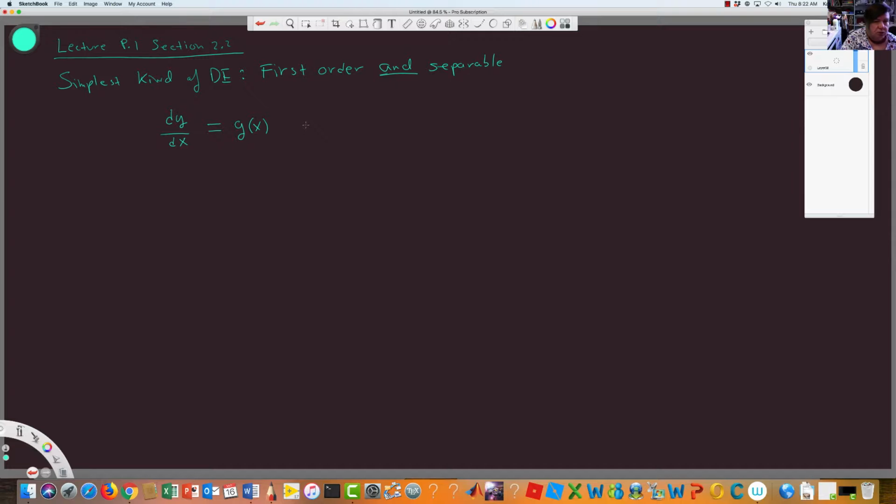We're going to assume that g is continuous. Now, there are differential equations in which g can be not continuous, and you would have to solve it in a piecewise manner, and we might get to that, but let's just assume it's continuous. So g doesn't have any breaks.